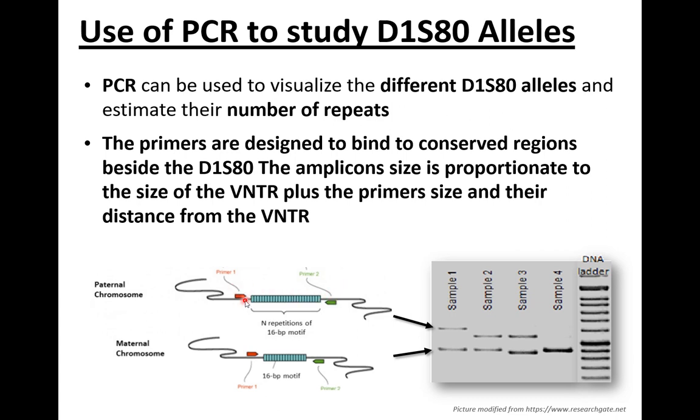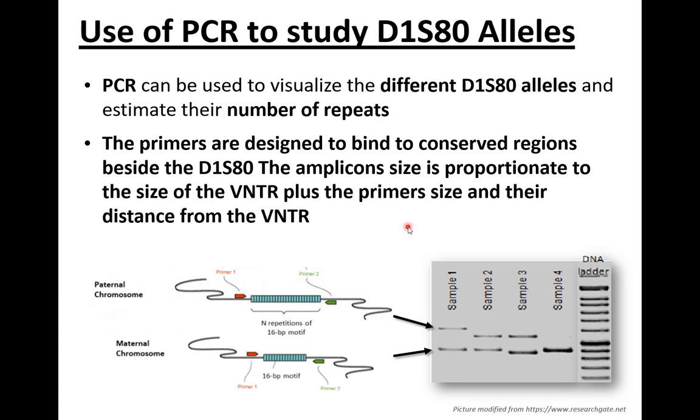Let's say you know that from here to here is 42 base pairs, and from here it is 34, so this size will be 42 plus 34 plus 16 times the number of repeats. So if you determine the size, subtract these two distances, and divide by 16, you will get the number of repeats that you have in there.